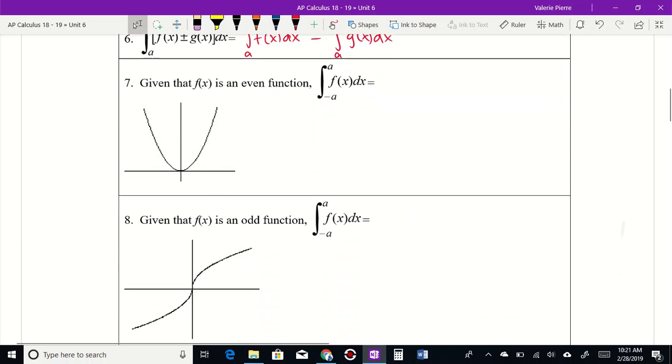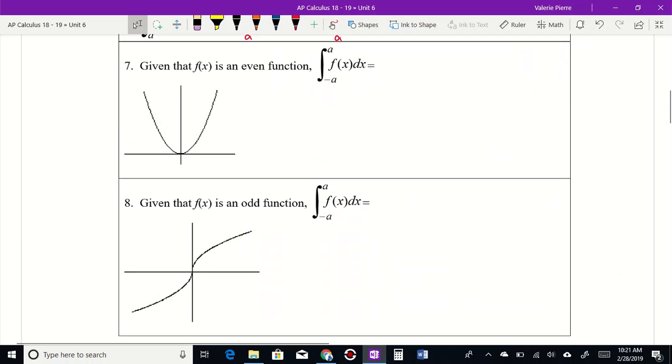All right, 7 and 8 help to be a little bit more visual. So if we have an even function, which means that we have a y-axis symmetry, and we are looking for the integral from negative a to a of f of x dx.